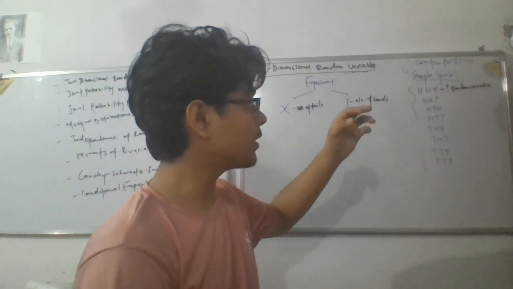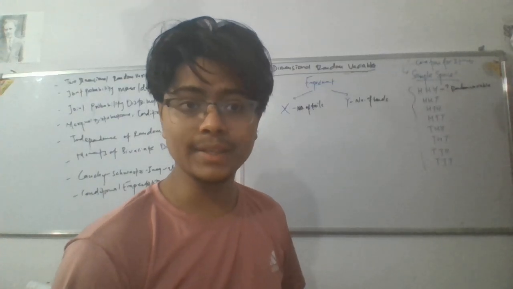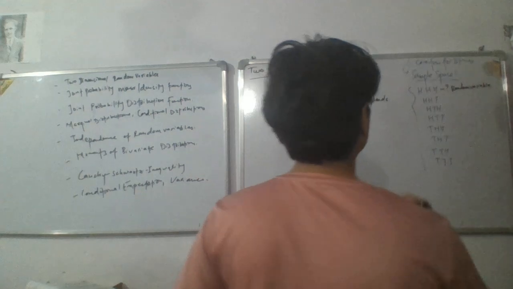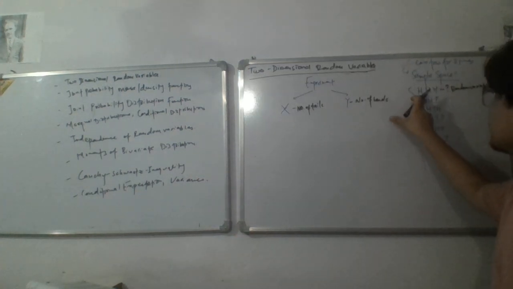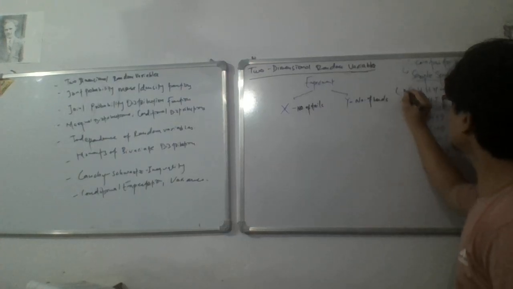we cannot define a random variable that is only univariate. So we have to define a random variable that is two-dimensional. That means if you want to account for this, the random variable that you assign must have a value of 3 and 0.